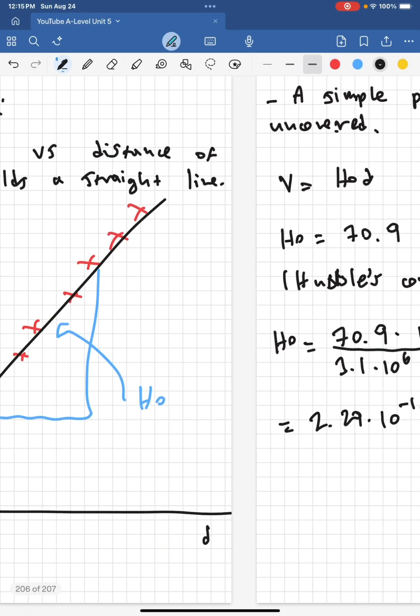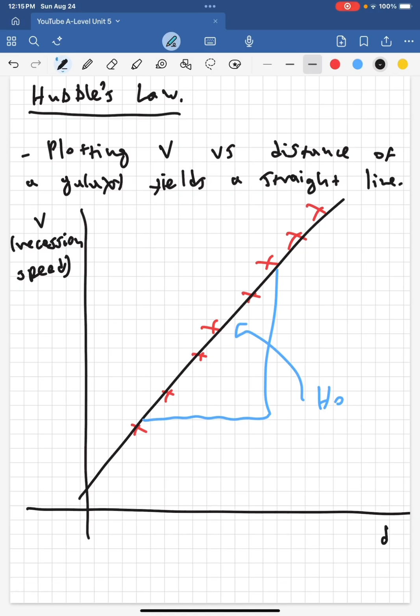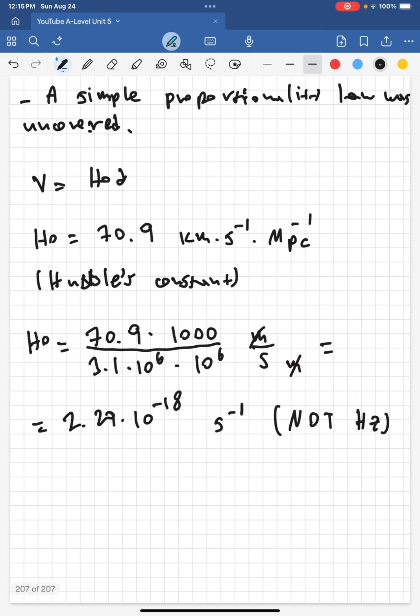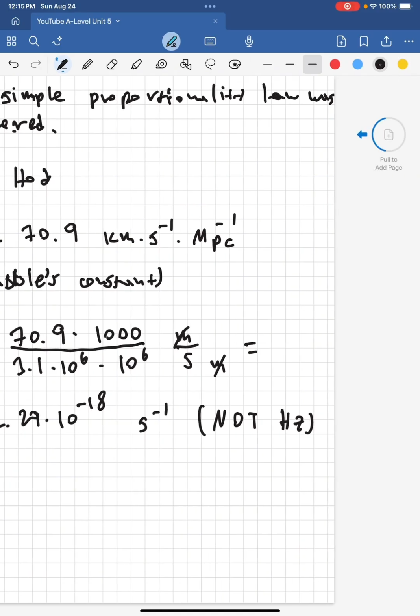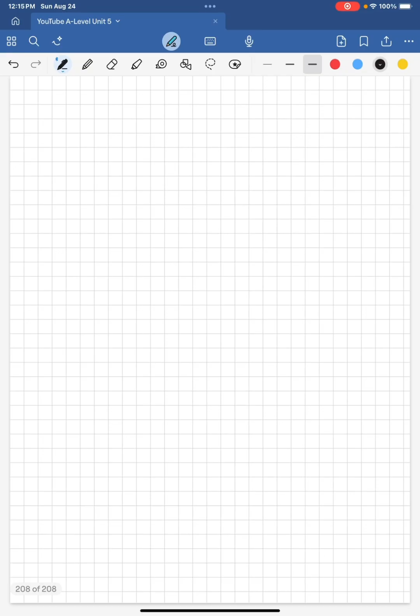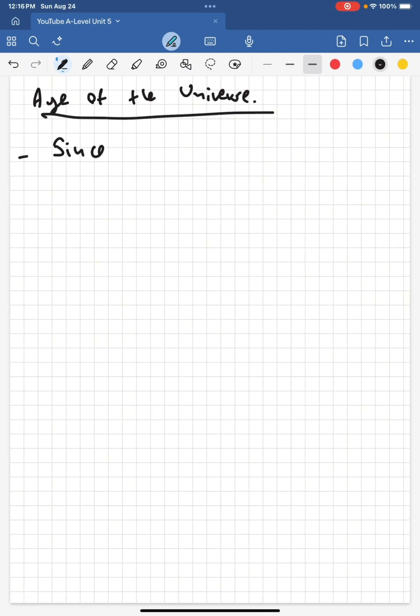All right, so Hubble makes this plot, finds the proportionality constant. Let's see what we can do with it. Let's see some implications. So, age of the universe. Since speed is distance per time, then v naught is some distance d naught over t naught.